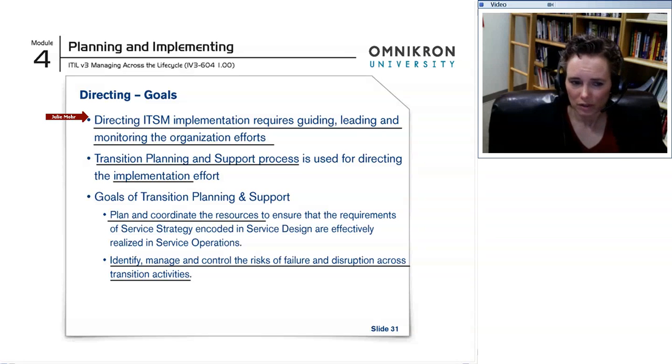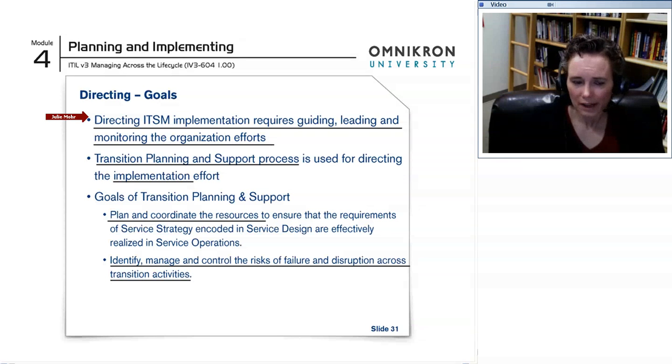This directing part of the organization is what keeps the ball rolling through those different phases of the life cycle, making certain that what needs to be done is still aligned with what the business is looking at. So a very important part of this comes from direction.